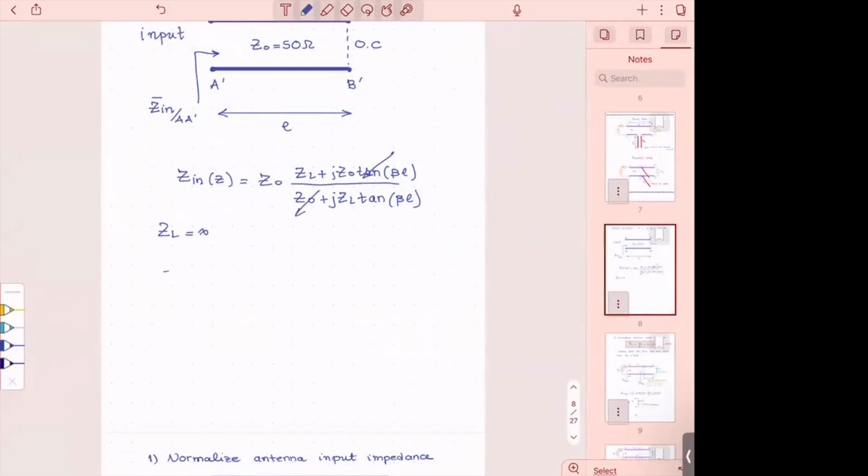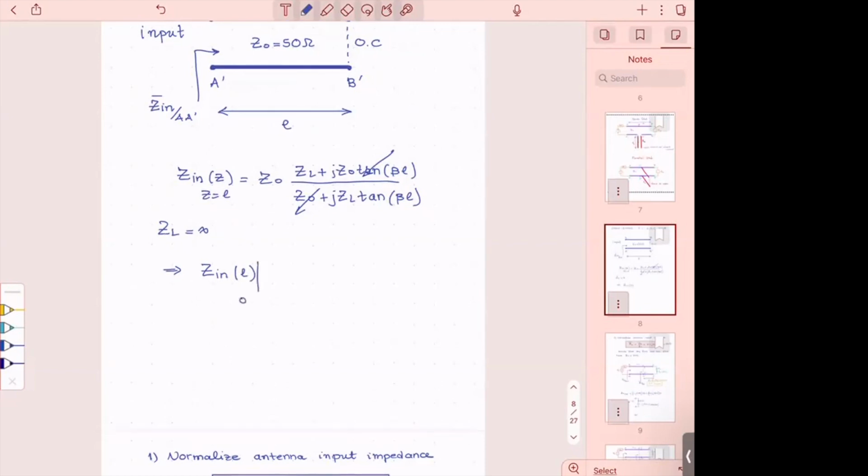And therefore, what you have is the Z input at a point L, here Z equals L, of an open circuit stub is equal to minus J Z naught cotangent, sorry, of beta L. Okay.